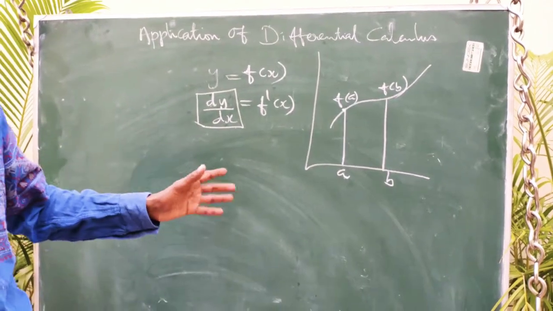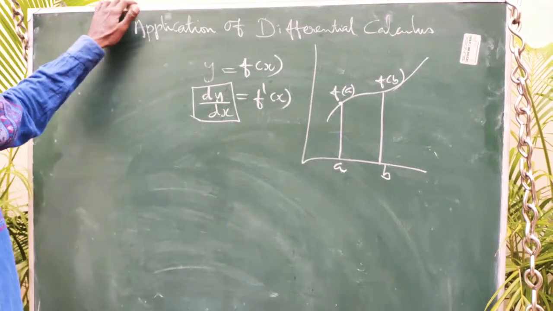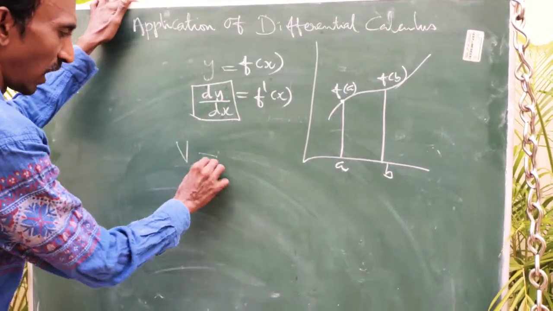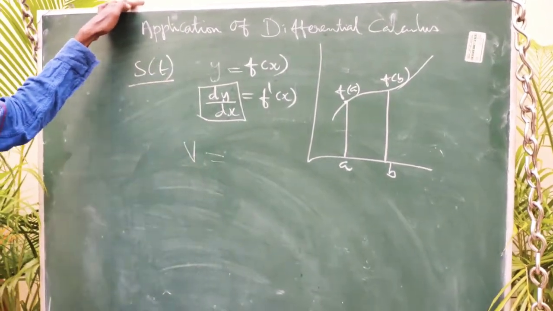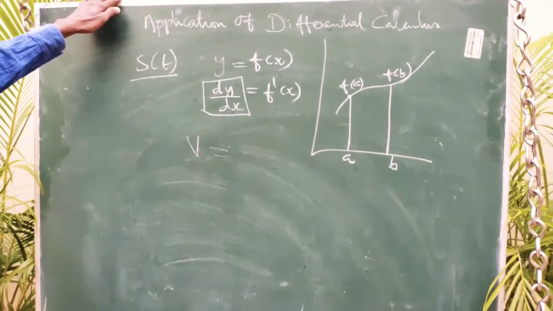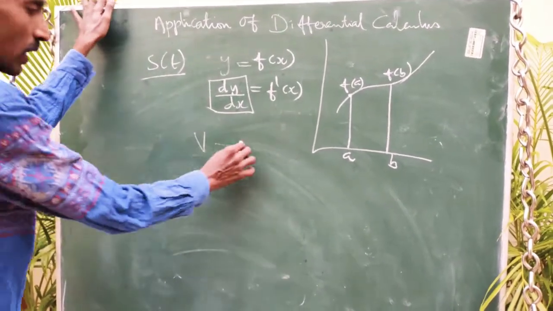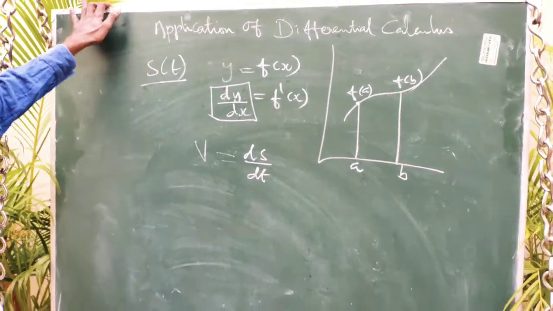So here we are going to apply in two places. Already it is present in physics. So velocity, I think it is denoted by v. So s of t is the distance traveled by the particle at any time t, or it is simply called as displacement. So v equal to ds by dt, rate of change of displacement.